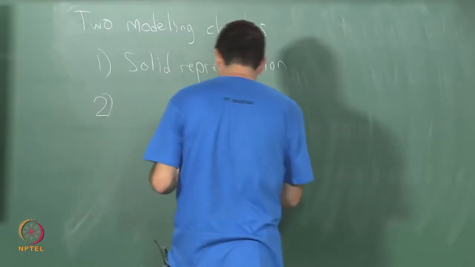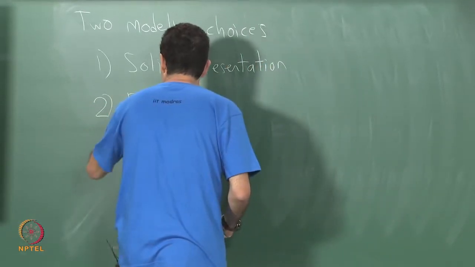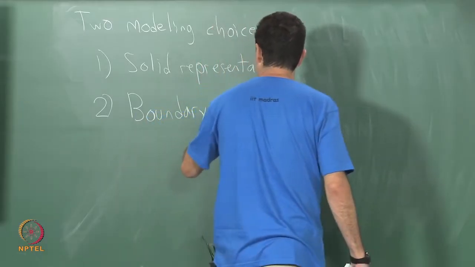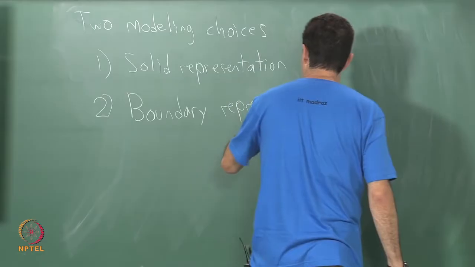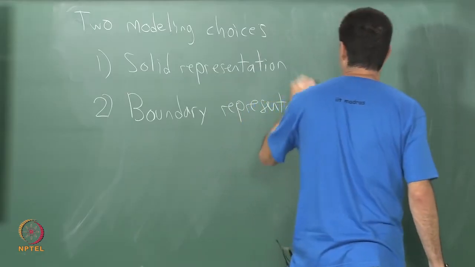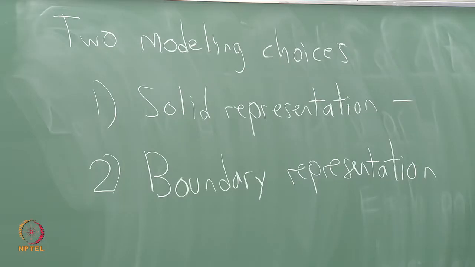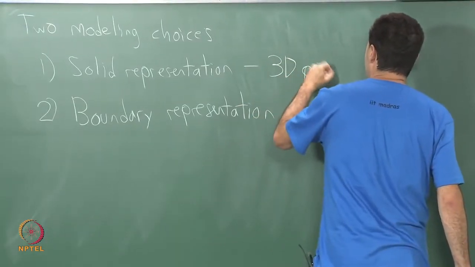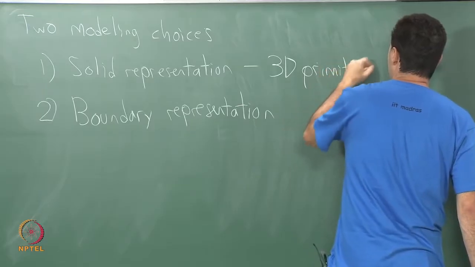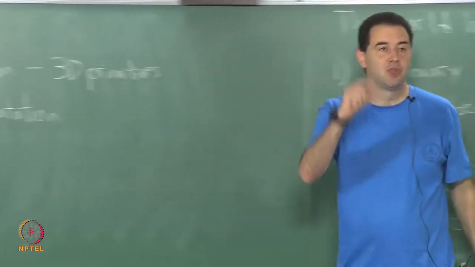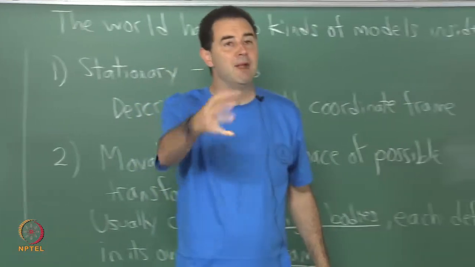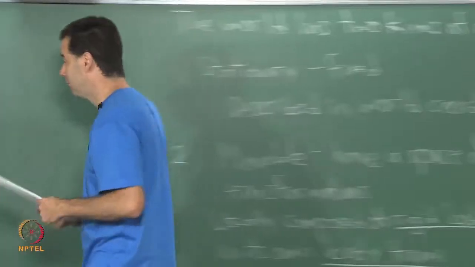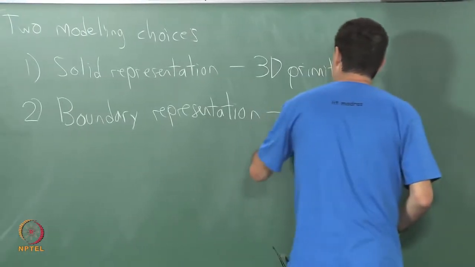And the second one is what's called a boundary representation. In the case of solid representation, we have 3-dimensional primitives. Right, so the most basic description unit we have represents some 3-dimensional chunk of the world or of the body. And in the boundary representation case, we have 2D primitives.